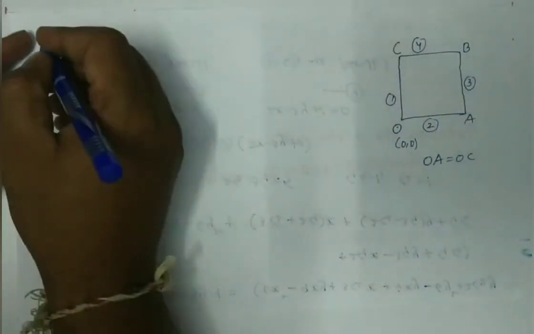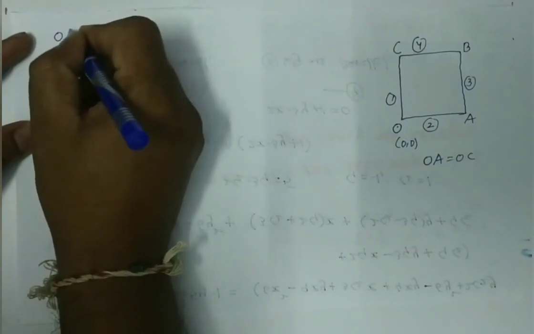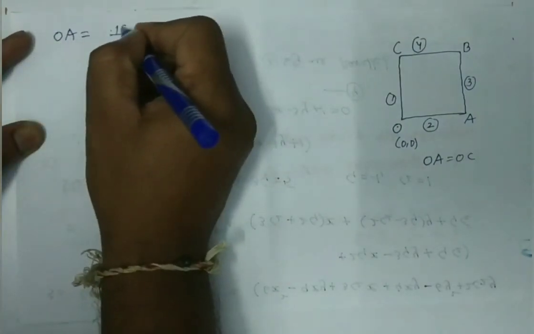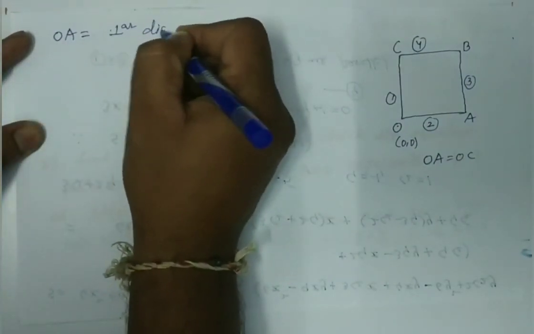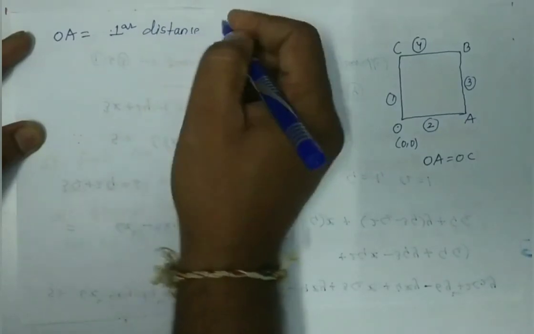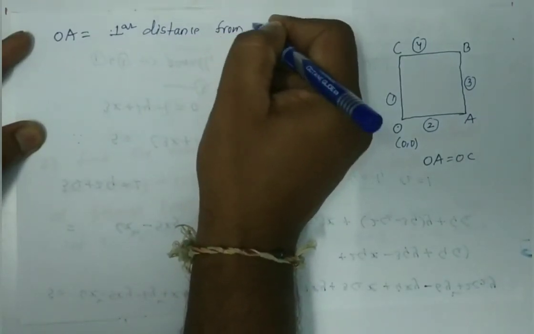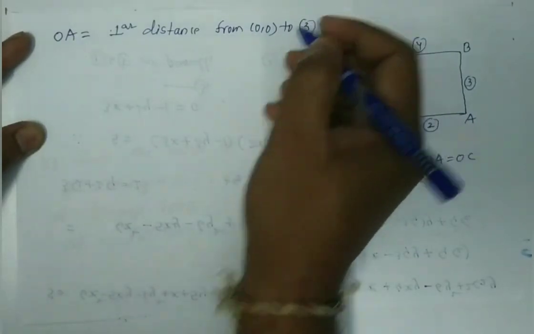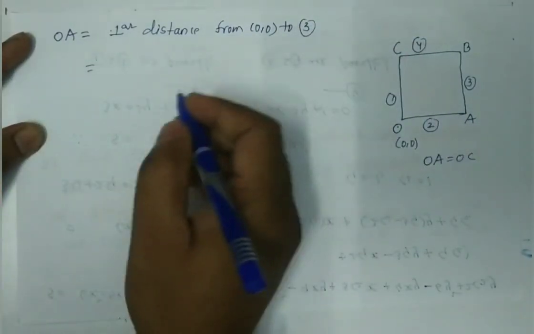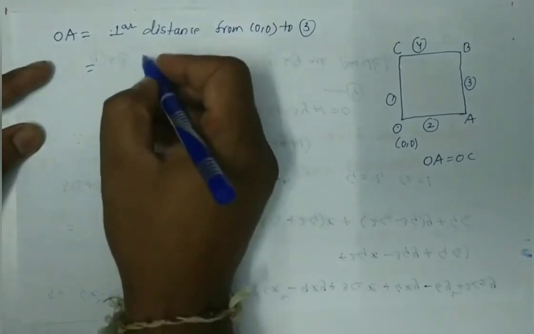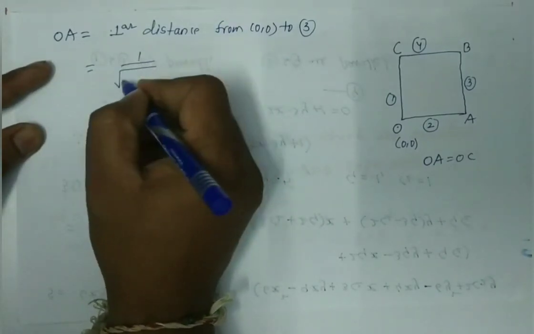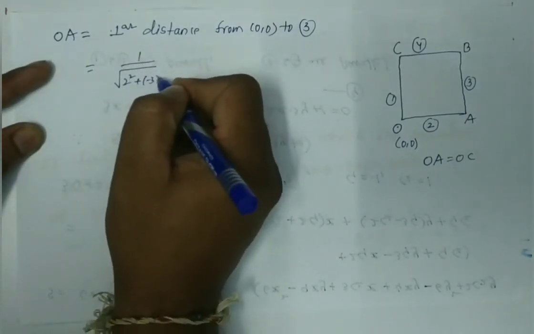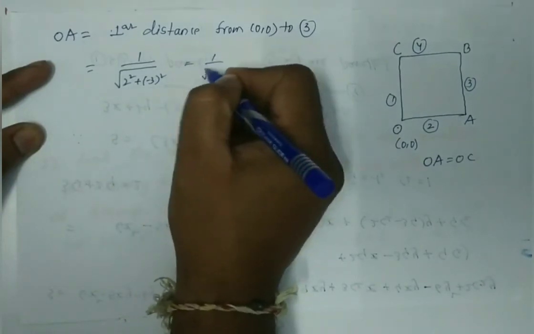OA is the perpendicular distance from the origin to straight line 3, which is 1 by the square root of 2² + (−3)², that is 1 by root 13.